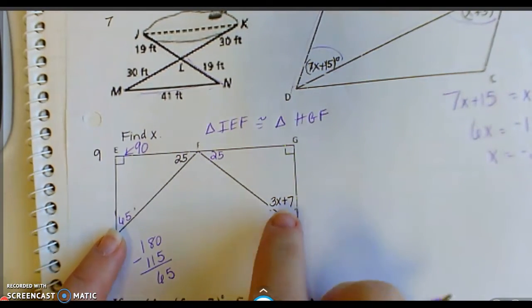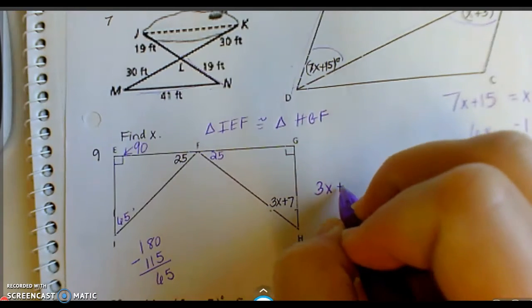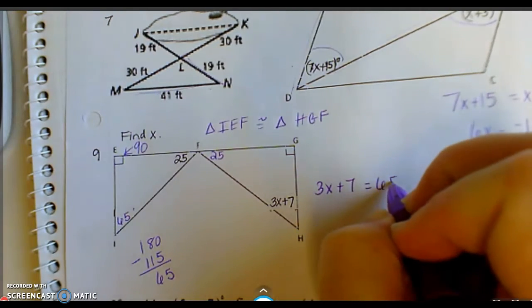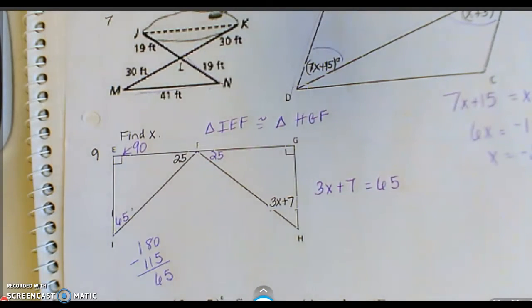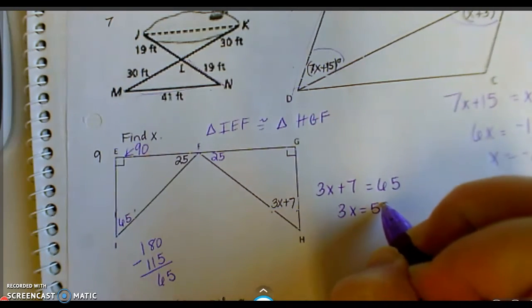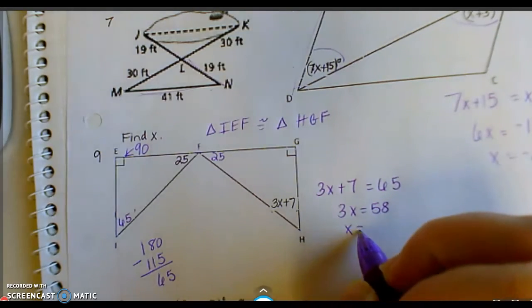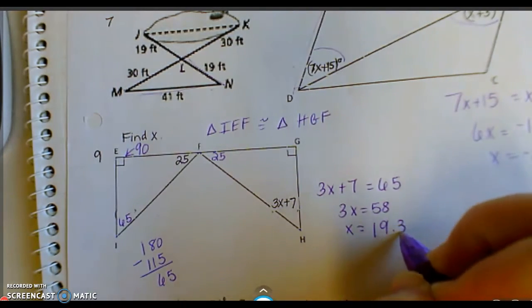Now that I know that angle, these two now set equal to each other. So there are a couple problems where you have to find the angle that it's asking you to look for and compare. So we subtract 7 on both sides. Divide by 3. And you might get a decimal, and that's okay.